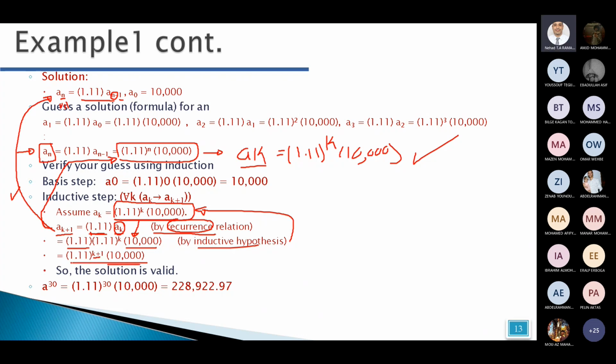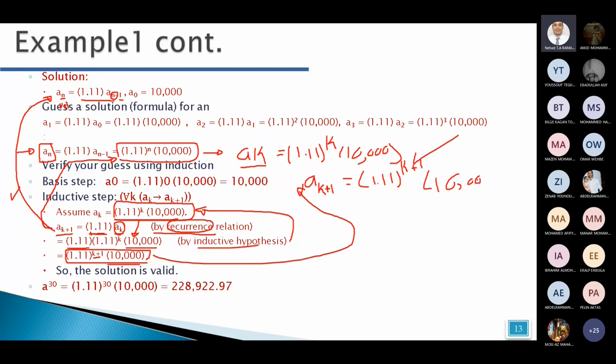This is the solution for Ak plus 1, which is 1.11 power k plus 1 multiplied by 10,000. So what does this mean?